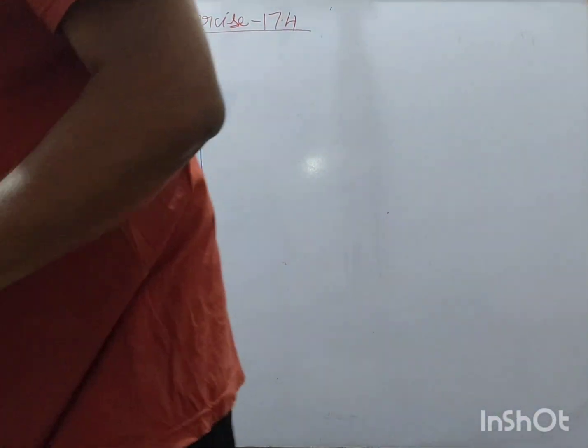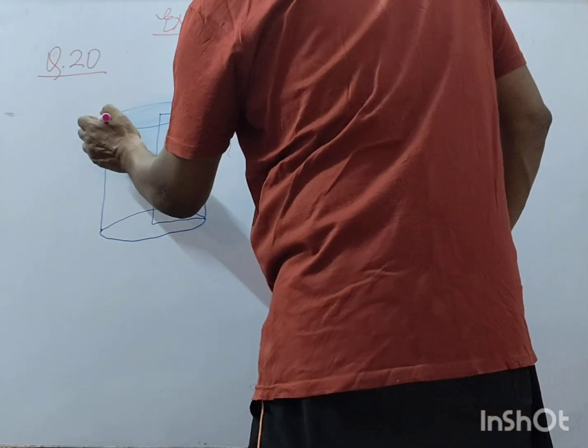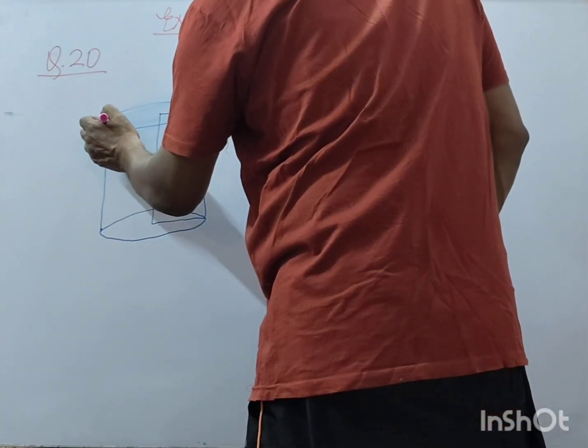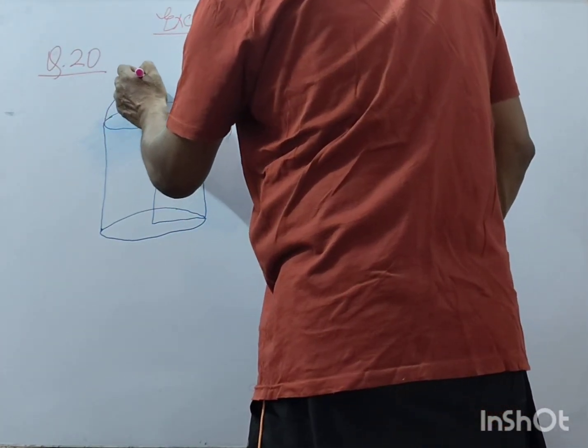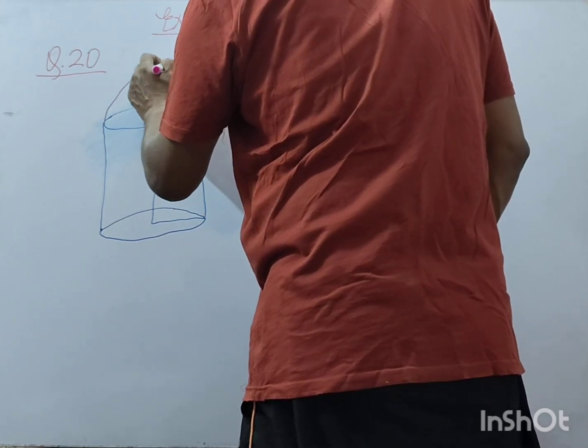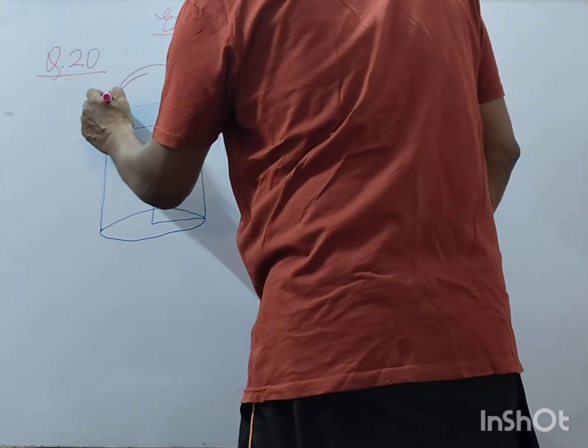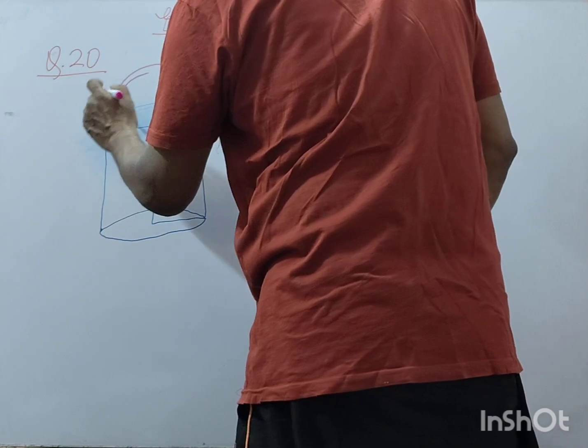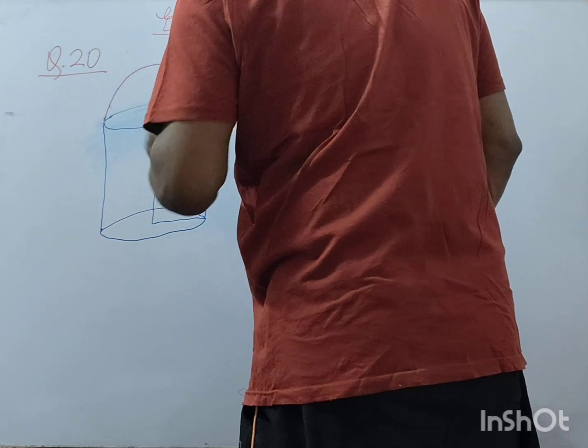And there is a hemispherical bowl, you can say, over it. It is like this, right?